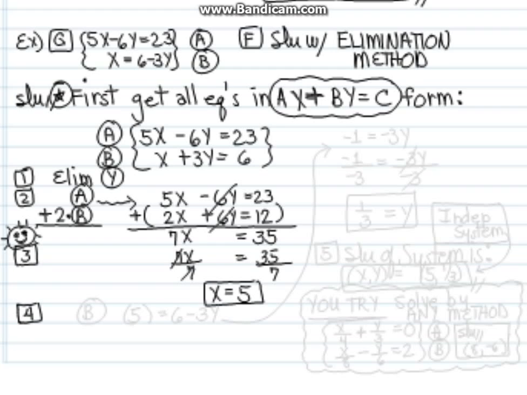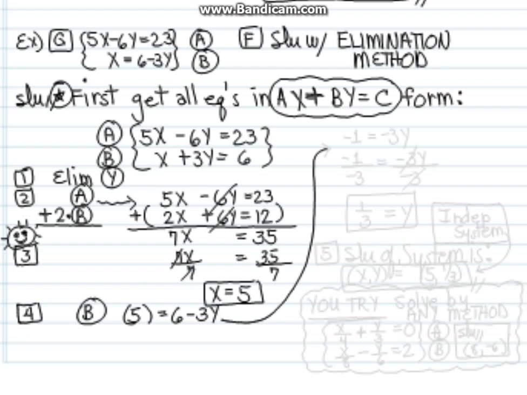Step 4 says substitute this result into either of the two equations to find its partner. So I can choose which equation I want to substitute it in. I think I'm going to go back to the original B equation. It was x, which is now 5, equals 6 minus 3y. Now I'm going to solve this equation for y.